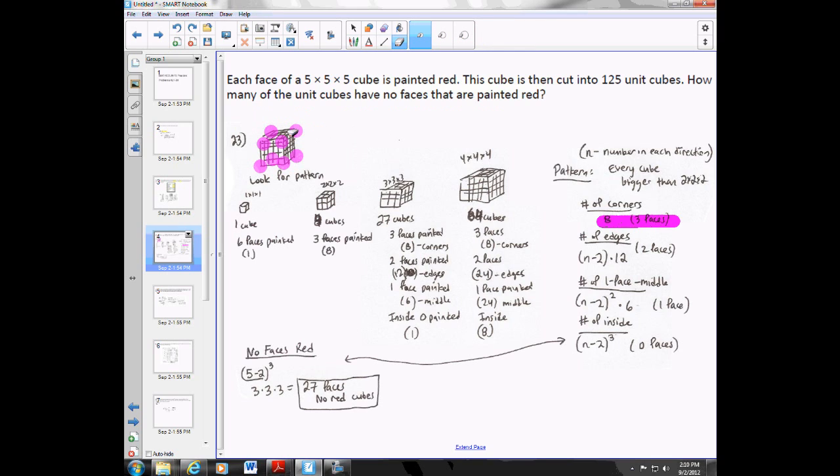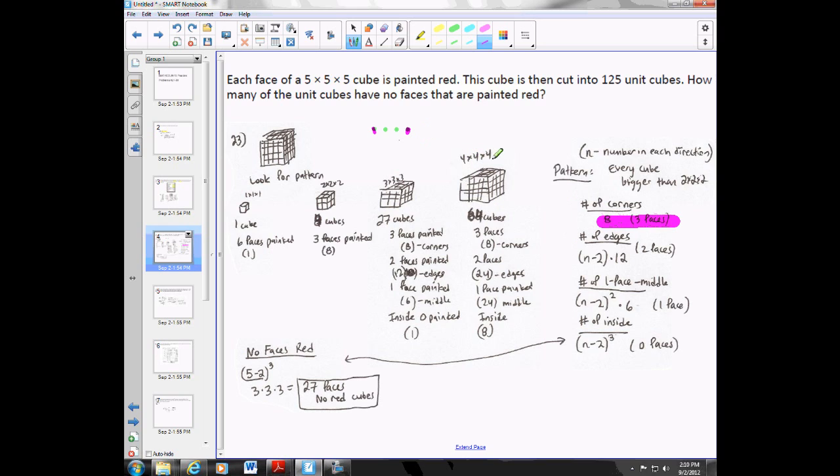Now the number of edges is always going to be based on whatever length it is. So like when we had 4, 1, 2, 3, and 4, 4 by 4. See, these outer ones are going to be corners, and those are going to be edges. So it's always going to be 2 less than the length of the side.